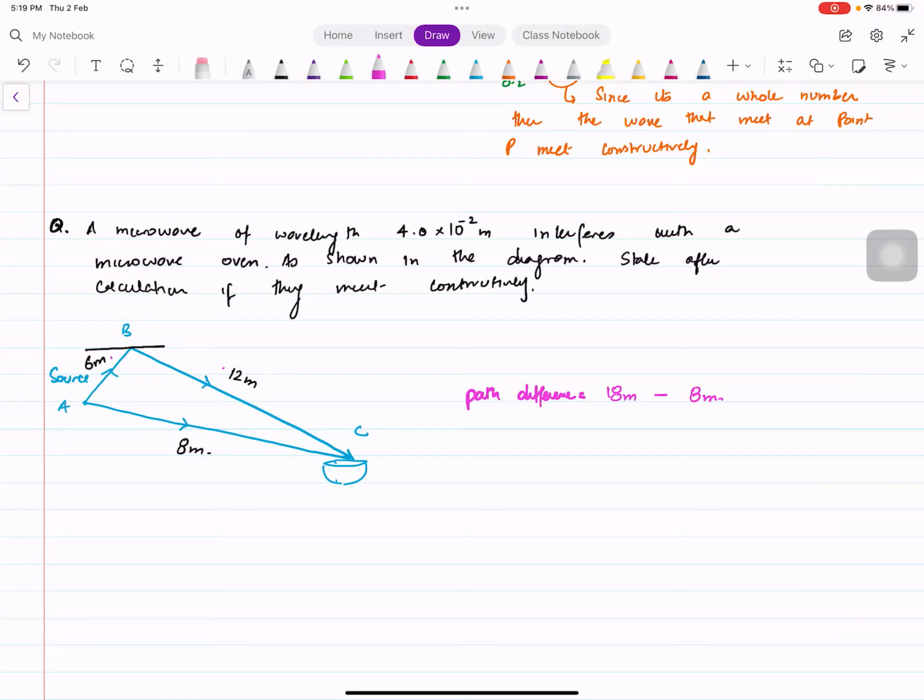It goes A, B, C, and then you're subtracting AC, and the other path is AC. Do you understand? Okay, do it again, please.